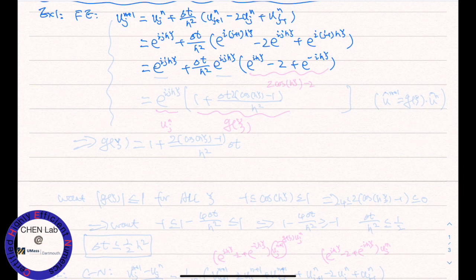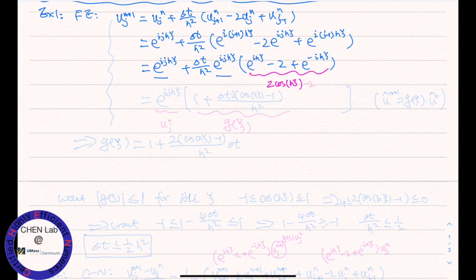So we can simplify this even more because we have this term here and that term here. What is that? That's just 2 cosine h c, because e to the I alpha is cosine alpha plus I sine alpha.